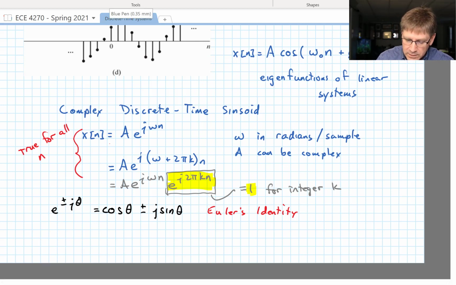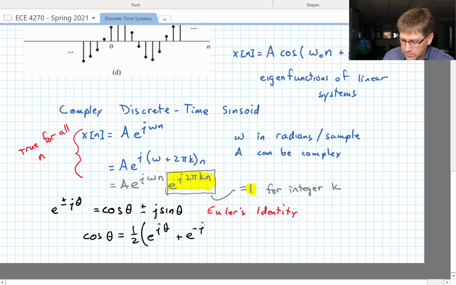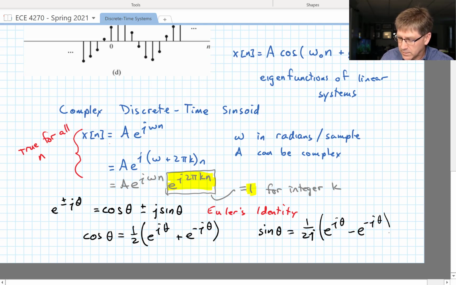Now, the other side of Euler's identity is cosine theta equal to 1/2 times e to the j theta plus e to the minus j theta, and sine theta equal to 1 over 2j times e to the j theta minus e to the minus j theta.